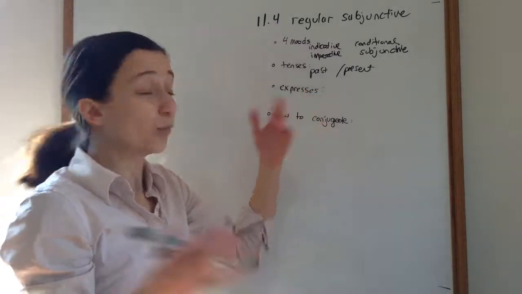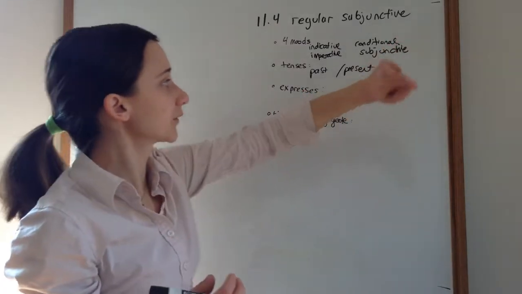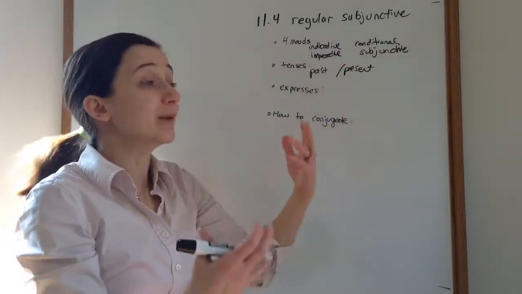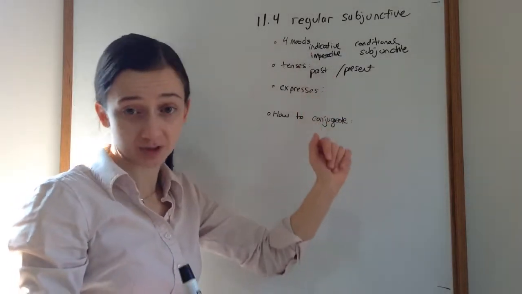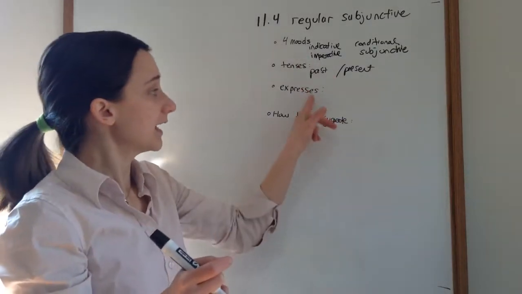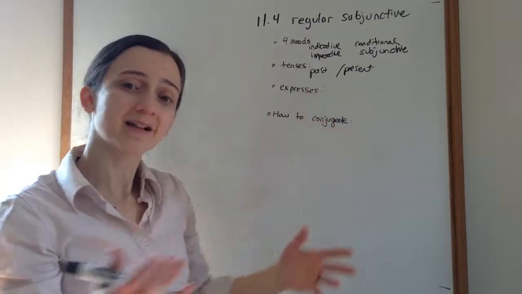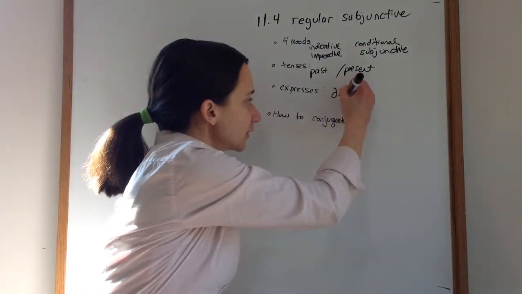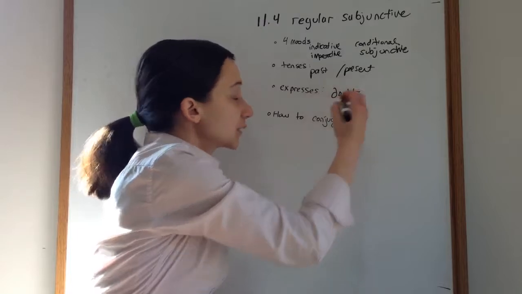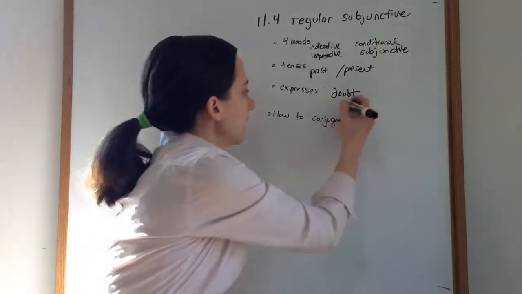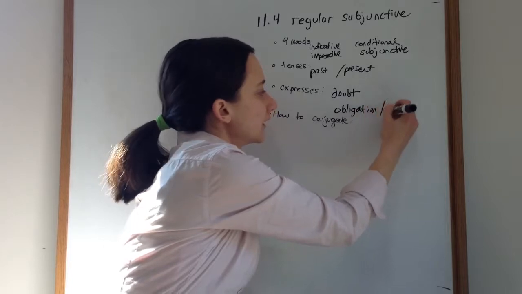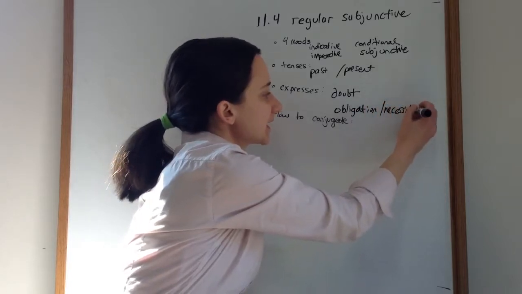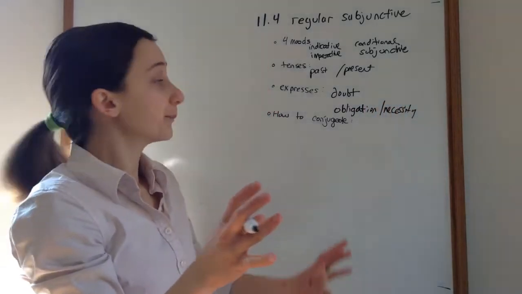Now, what is this for? We know the conditionals for conditions, indicative, we could say it's indicating facts, and we have imperative, which is telling you to do something. Now we have the subjunctive, and that expresses doubt. Okay, it does express an obligation or necessity, and not in the same place as a command, but similar.